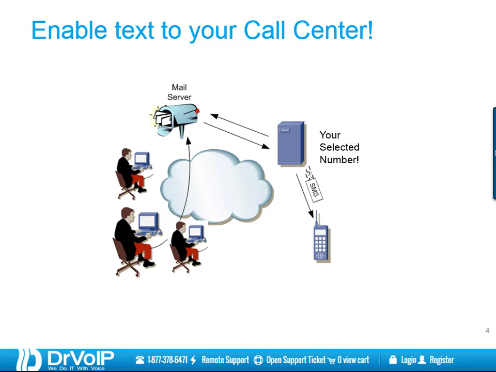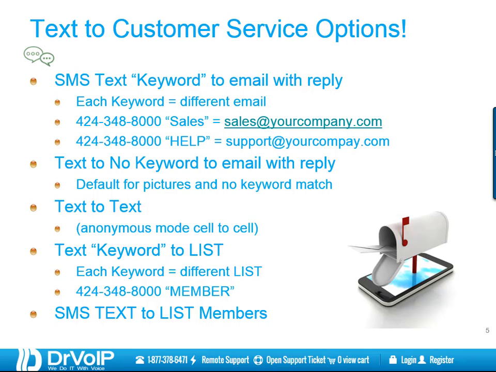It may be a single individual, and that individual can hit the reply key and we'll send the email back to our portal, convert it back to text, and pass it back to the person who sent it to you originally. The basic options are text to email, text to list, and text to text.